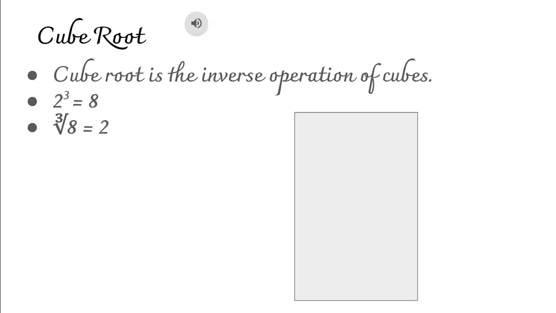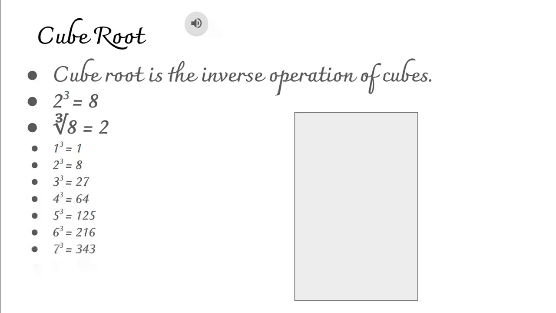So when you look at these, you see that whenever you want to get 1 from 1, you cube it. You want to get 8 from 2, you cube 2. You want to get 27 from 3, you cube 3, and so on. The same way, if you want to get 1 from 1, you take the cube root of 1.